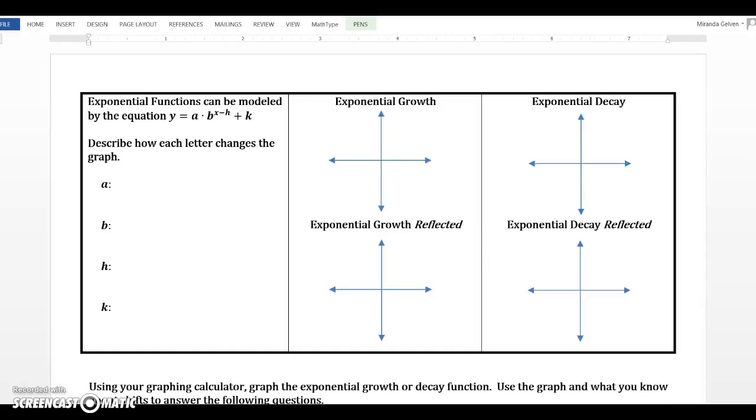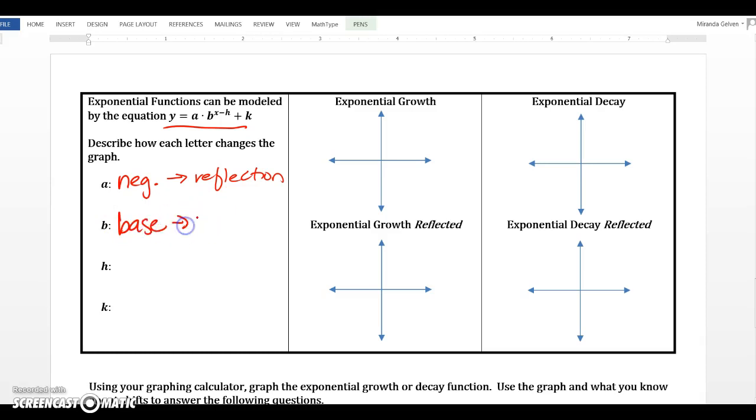Okay, so on our vinyl page here, I have the general form of an exponential function right here. And let's talk about what all the parts do. Okay, A is the multiplier. Okay, if A is negative, we just learned that it causes a reflection. Okay, B is the base.